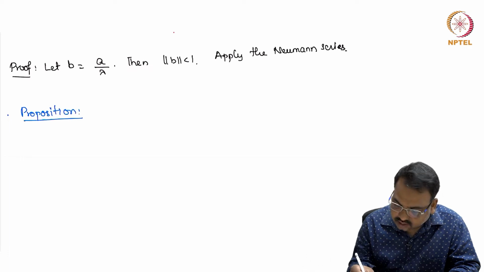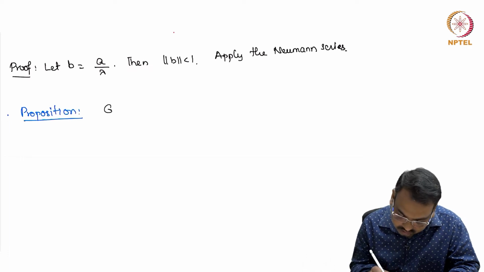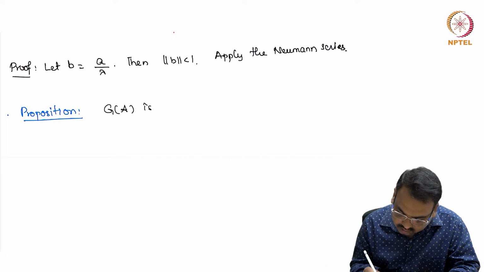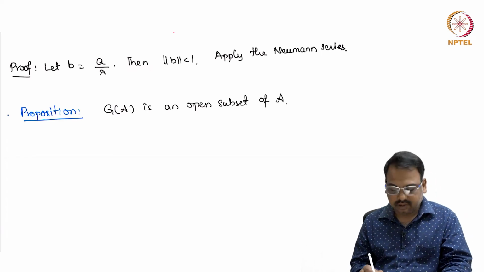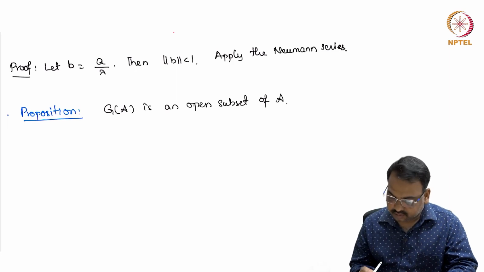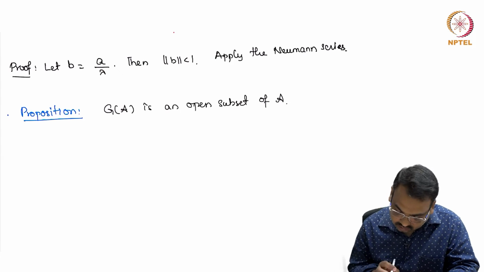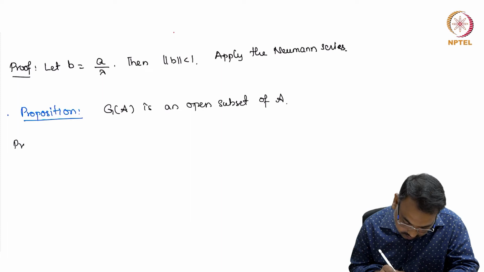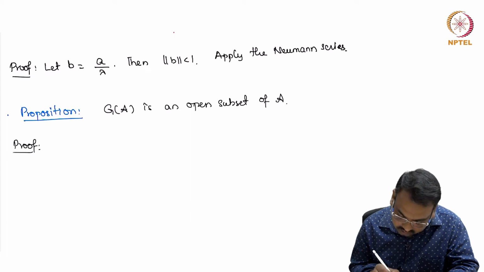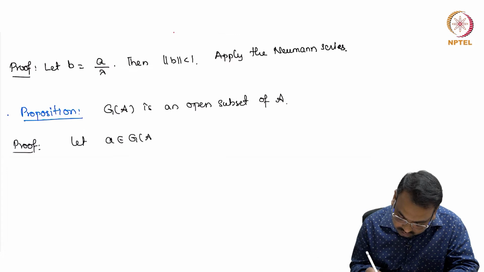The set GA is an open set, GA is an open subset of A. Let us try to prove this. We want to show that every point is an interior point. Let us take a in G of A.